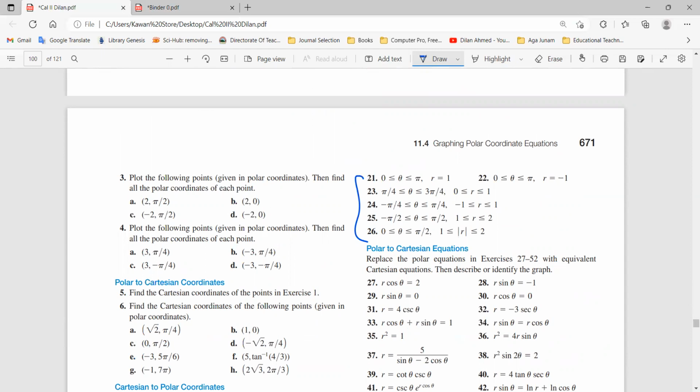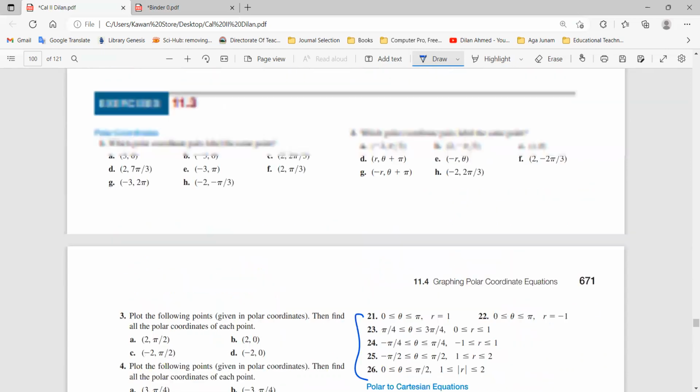Because in 11.4, actually 11.5, I'm going to mix r, theta, angle and circle with the area. So if you don't know how to sketch that area, which area I'm talking about, actually you cannot solve the integral or the area. So careful.